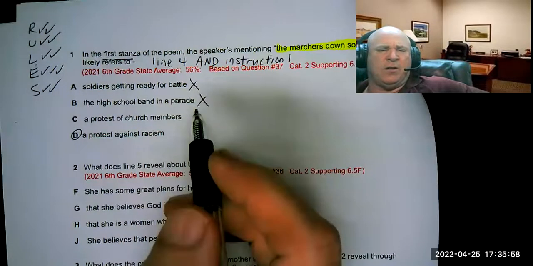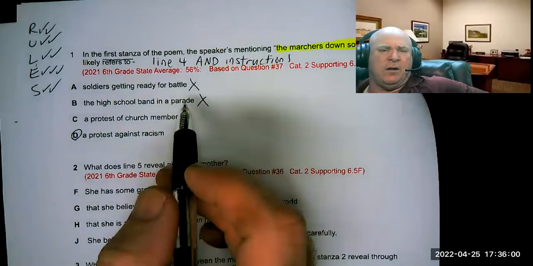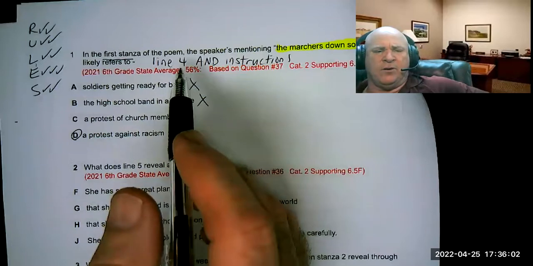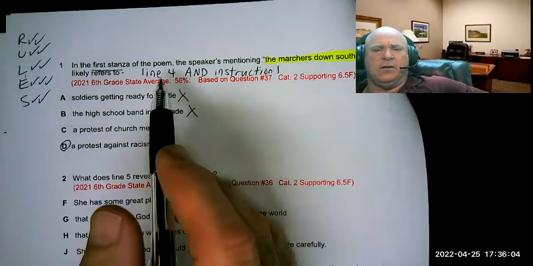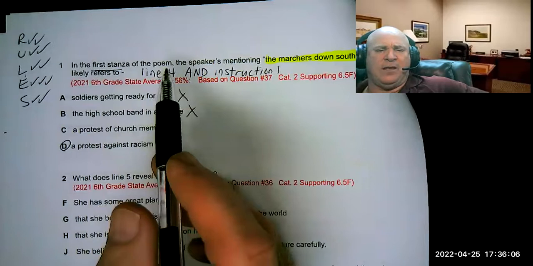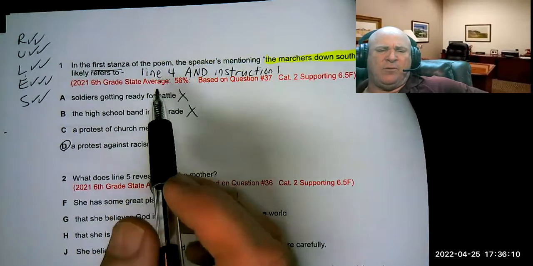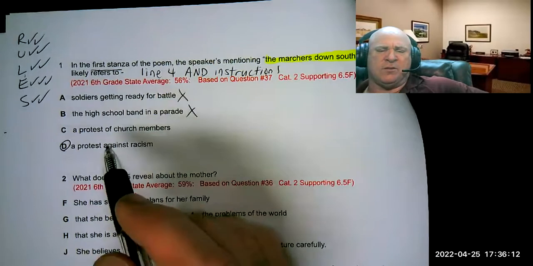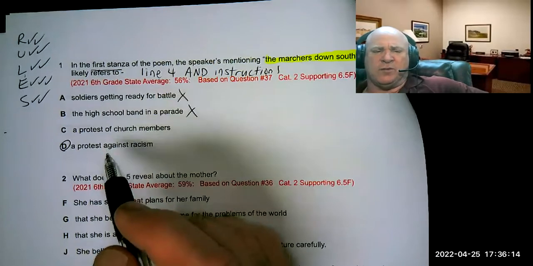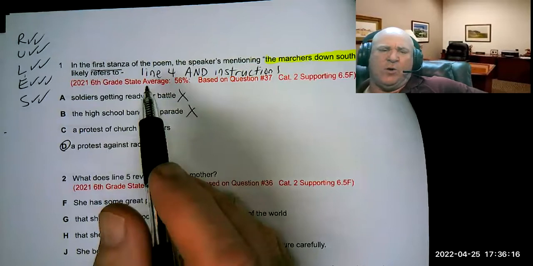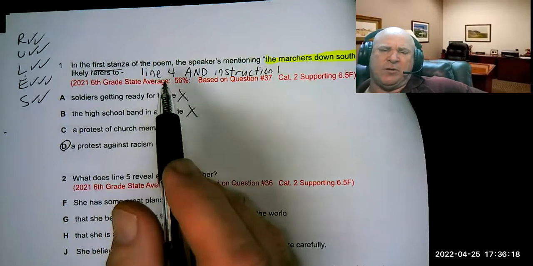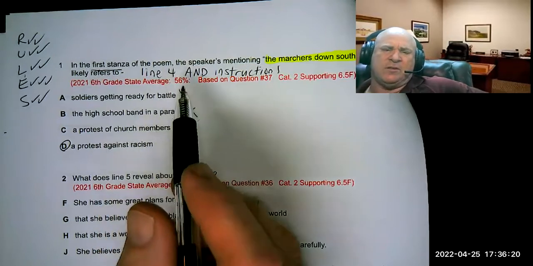And because we can only base it on the first stanza, line 4, and anything that came before it, then we would have to infer that it would be a protest against racism. And so the students from 6th grade who had a question like this only got 56% correct, which was even lower than the 63 written about.